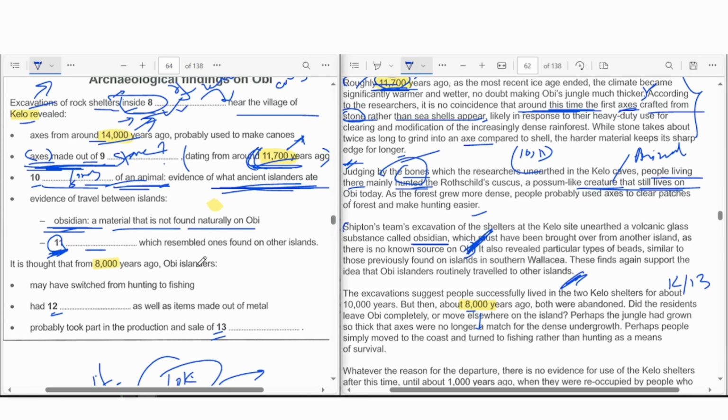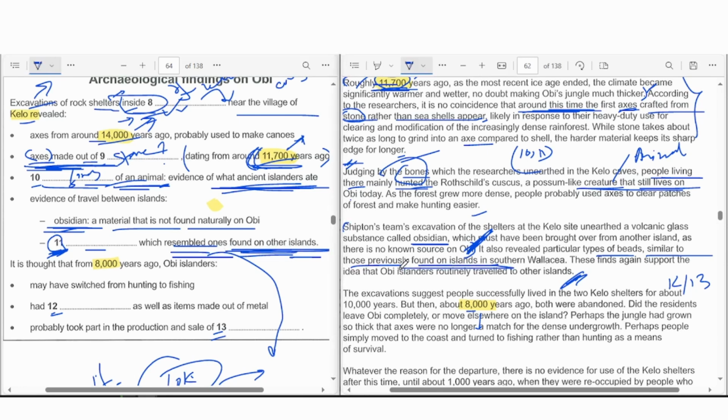All right. So, dash, which resembled ones found on other islands. Resembled means look alike. And then, which resembled ones found on other islands. Here they're saying it also revealed particular types of beads, similar to those previously found on the islands. They're giving you all the information.